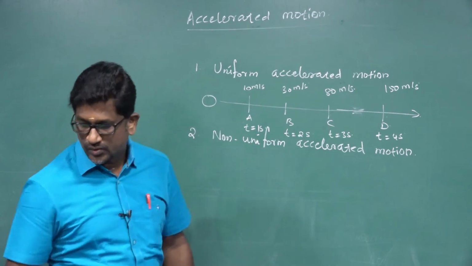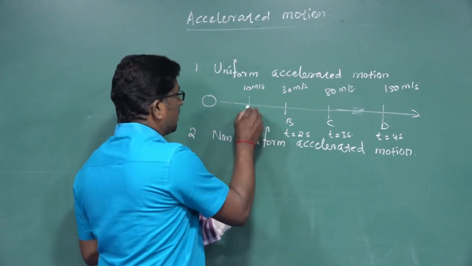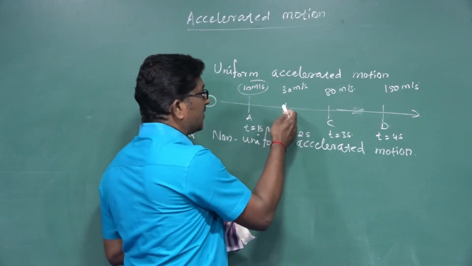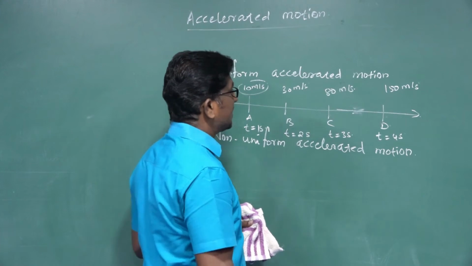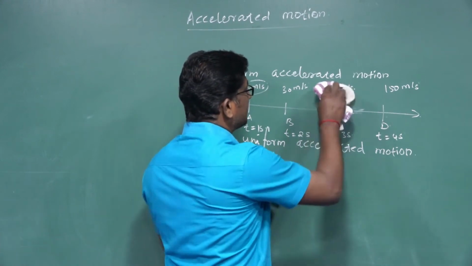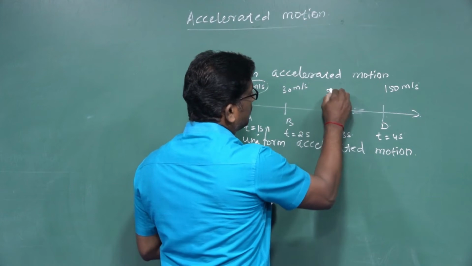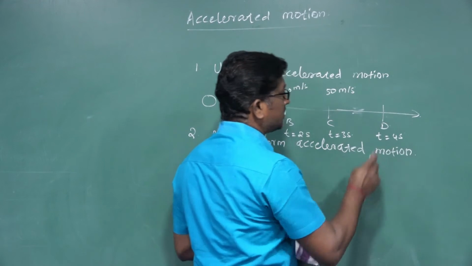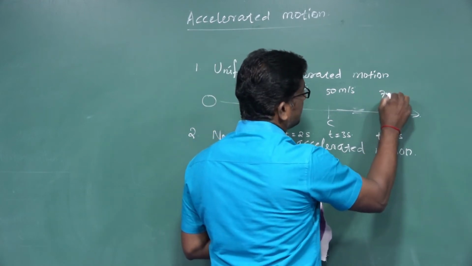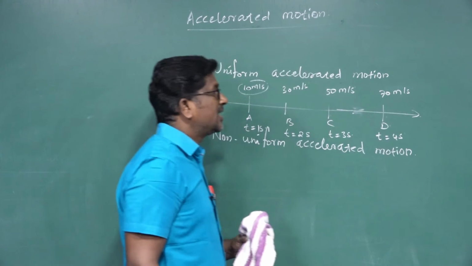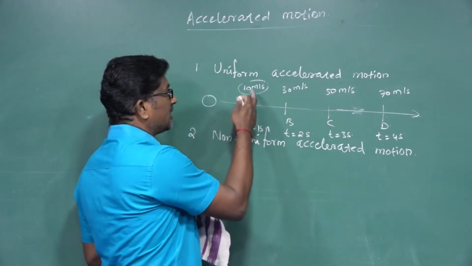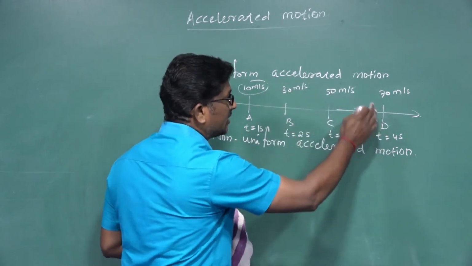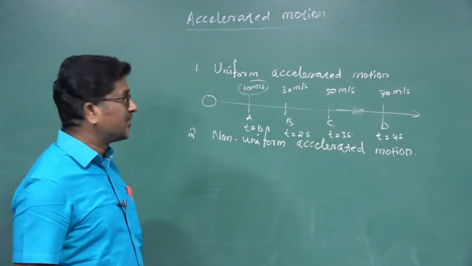Here the particle velocity at the position A is 10 meter per second, at B is 30 meter per second, at C for example is 50 meter per second, and at the position D is 70 meter per second.